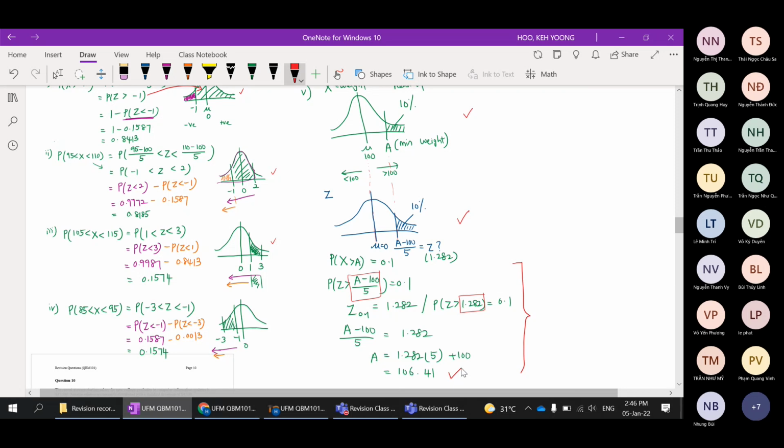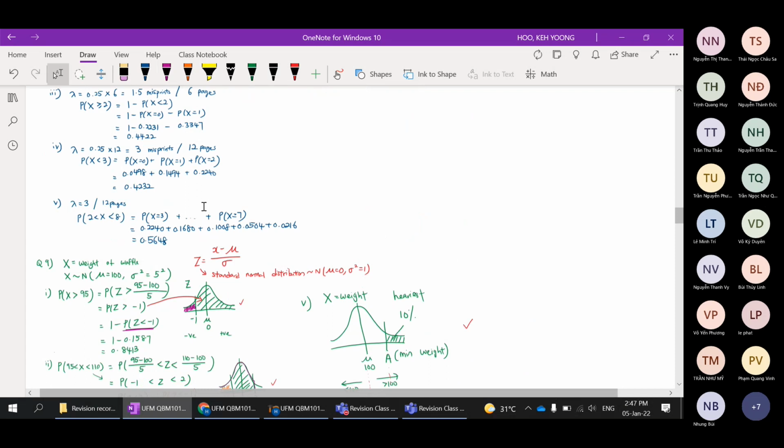You don't have to explain anything. You don't have to write, for example, that from the table I got 1.282 for 10%. No need to write all this.